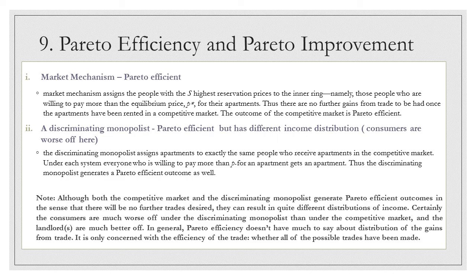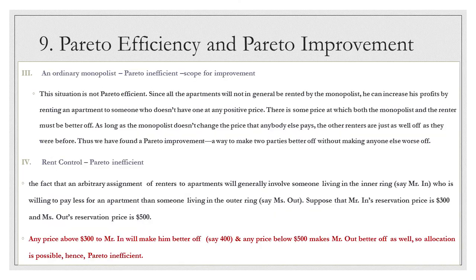Now let's move further with the other two allocations. Now the case of the ordinary monopolist. As we have seen even in the previous example, this situation is not Pareto efficient. Because all the apartments will not in general be rented out by the monopolist.